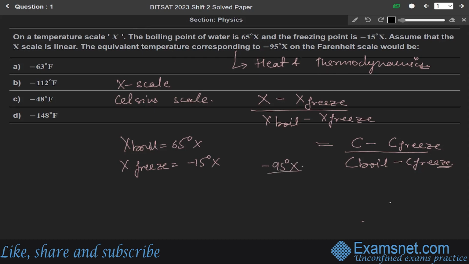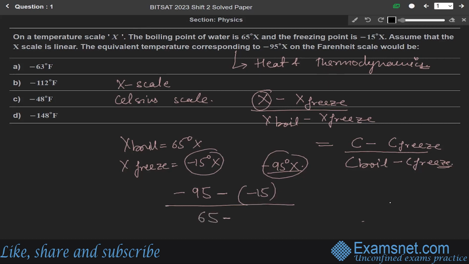So using the relationship between the X scale and the Celsius scale, let us put these values. We write X, this one, minus 95 minus X freeze, which is minus 15, over X boil, 65, minus X freeze, minus 15, equals C minus C freeze over C boil minus C freeze.